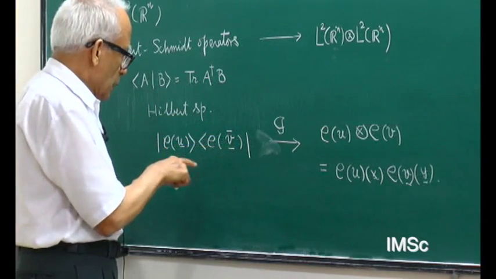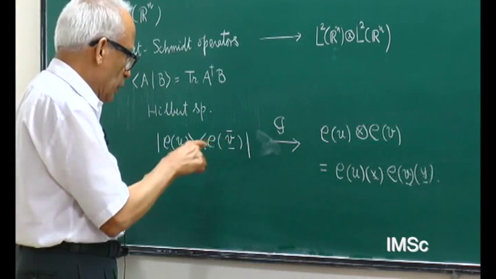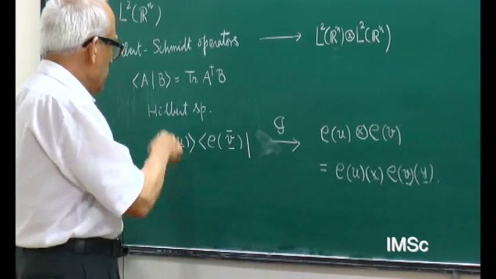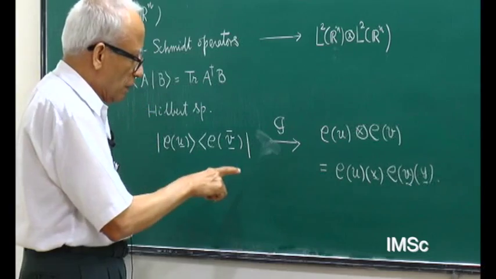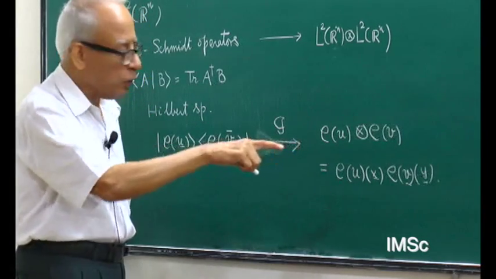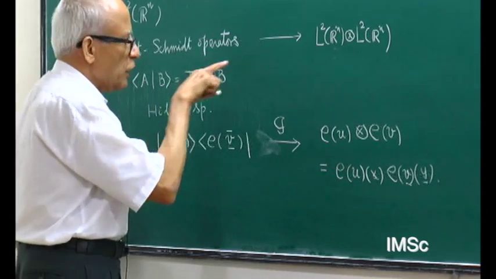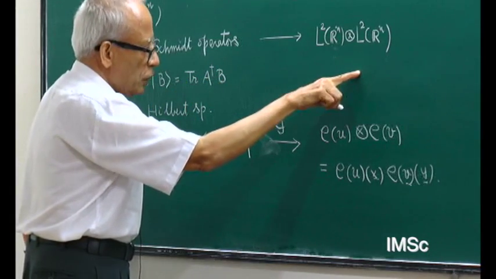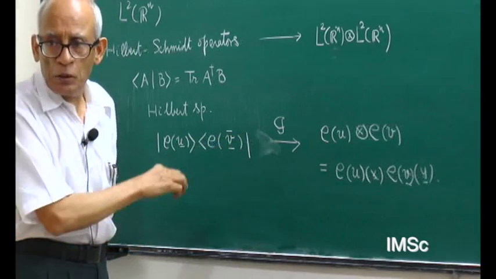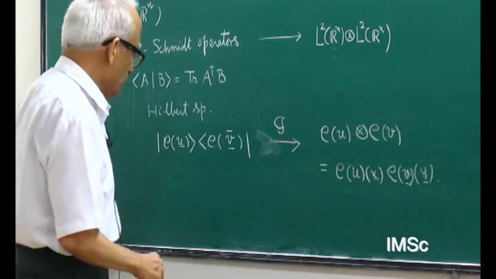But because this is scalar product preserving and these things span weakly the whole Hilbert space, this extends to a unitary isomorphism between this Hilbert space and this Hilbert space. So, this is an identification isomorphism between two Hilbert spaces.